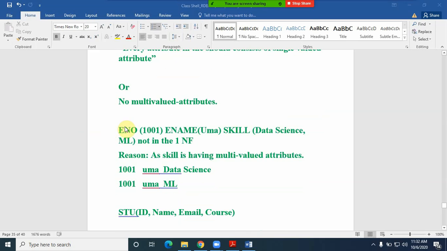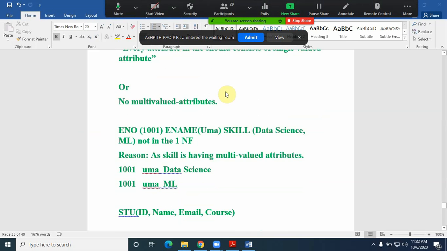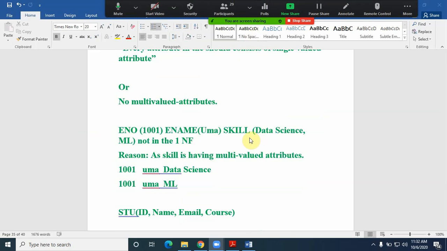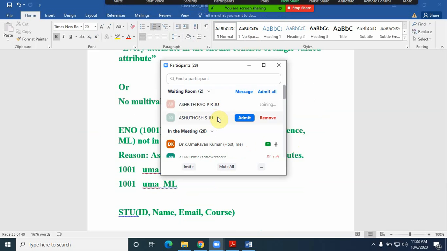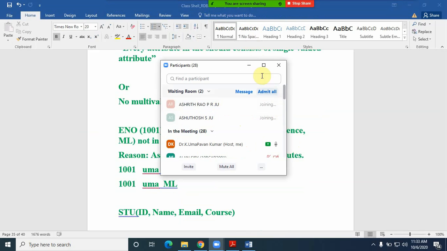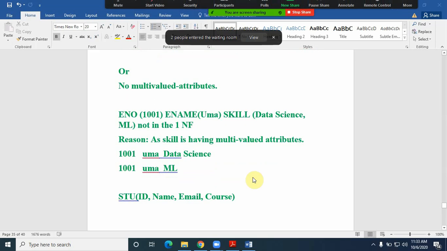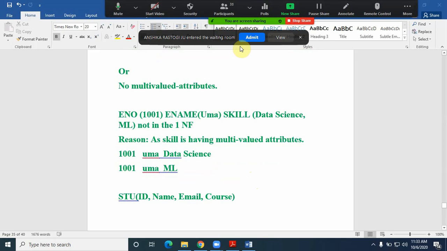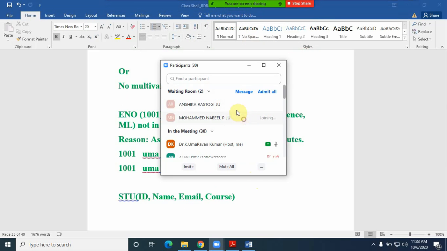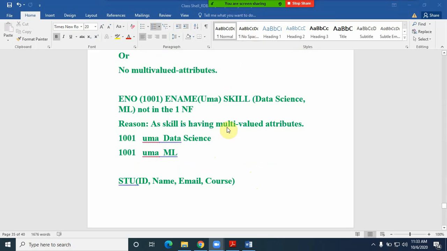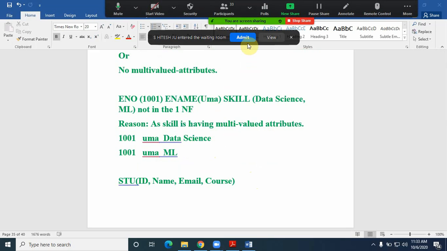We took one example with employee number, name of the employee, and skill of the employee. The employee may have multiple skills, and if we represent those multiple skills in a single column, that is not allowed as per 1NF, because multi-valued attributes won't be allowed.